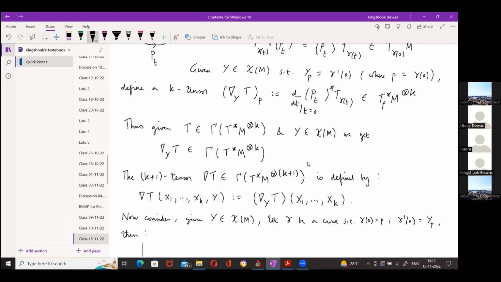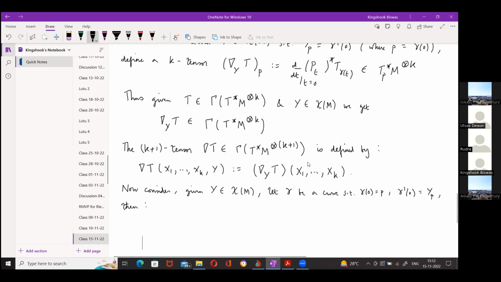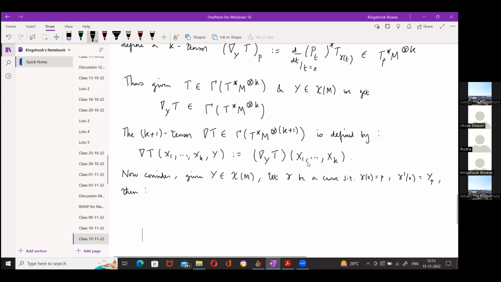let's look at this y acting on the function T of x1 to xk at p, right? What is this?